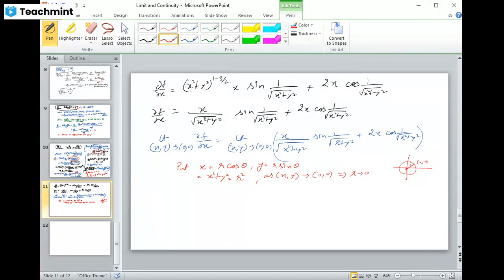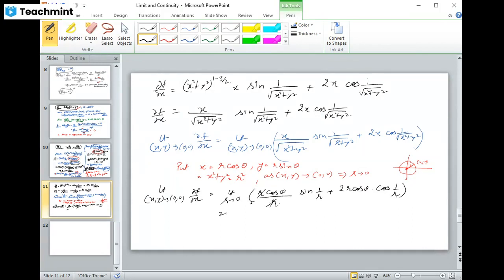So if we use this transformation, then the limit as (x,y) approaches (0,0) of f upon x is transformed to limit r tends to 0, r cos theta upon, because x square plus y square is r square, its root is r, since the radius of a circle is always positive, sine of 1 upon r, plus 2 times r cos theta into cos of 1 upon r.